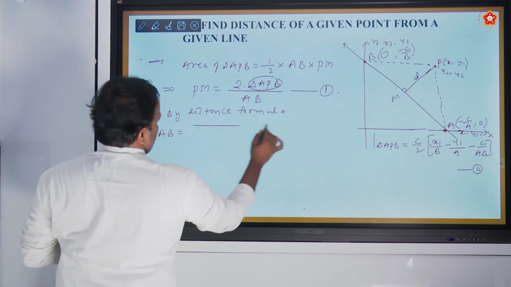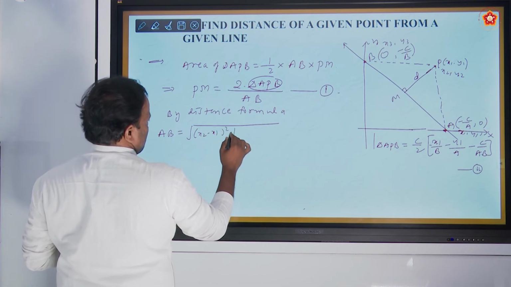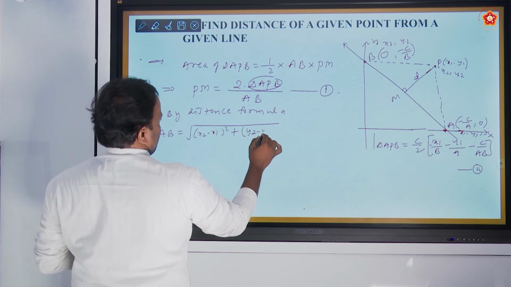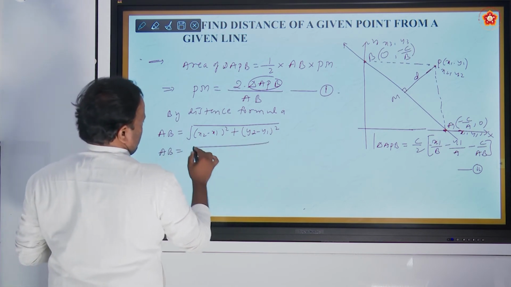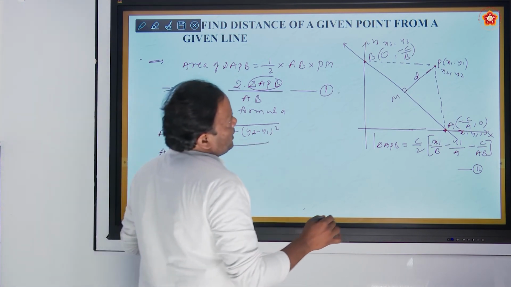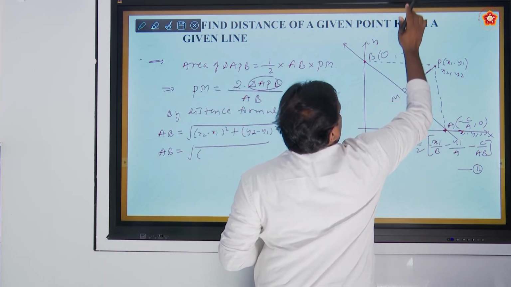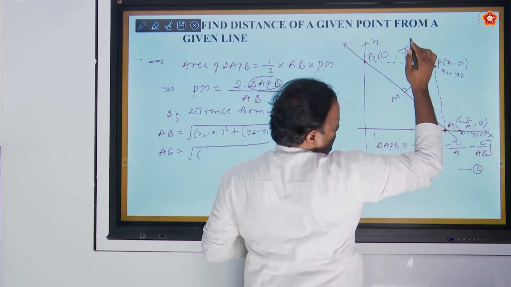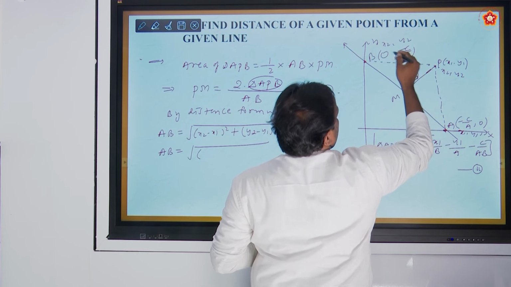AB is equal to square root of x2 minus x1 whole square plus y2 minus y1 whole square. A point is x1 y1 here. B point, take x2 y2, minus c by b.